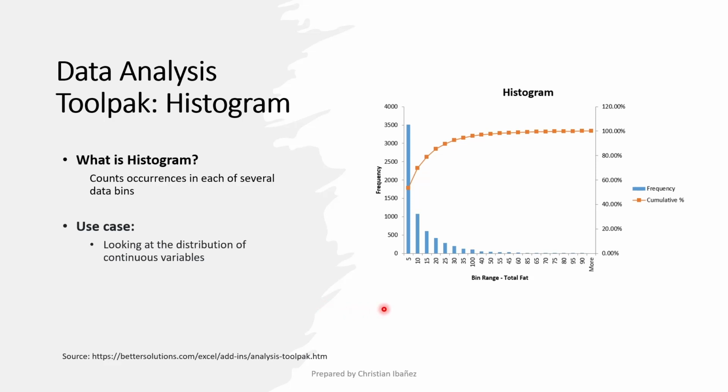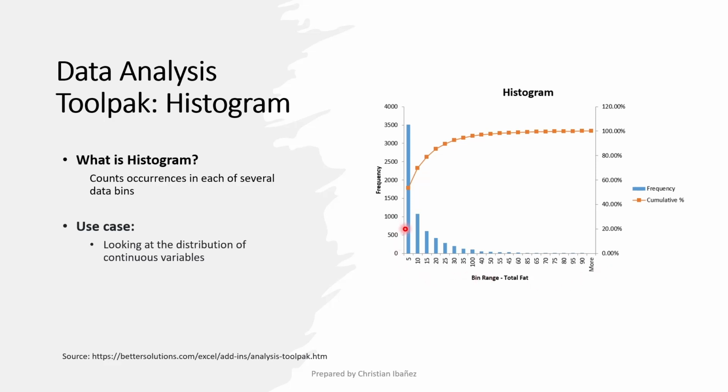The way a histogram works is the x-axis is a continuous variable and it is sorted, and we have something called bins, which is how we define the intervals between the range of our x-axis.